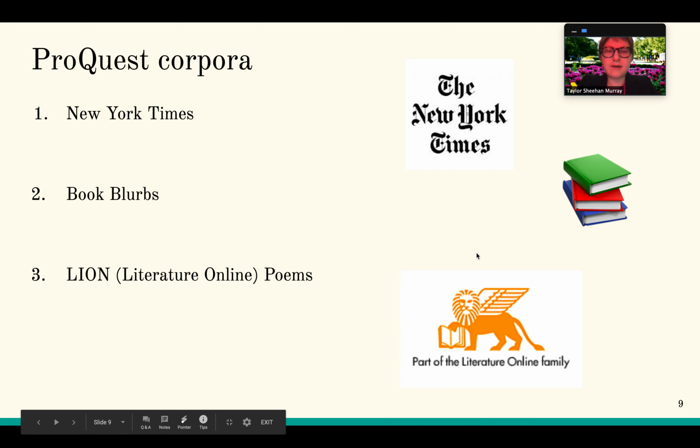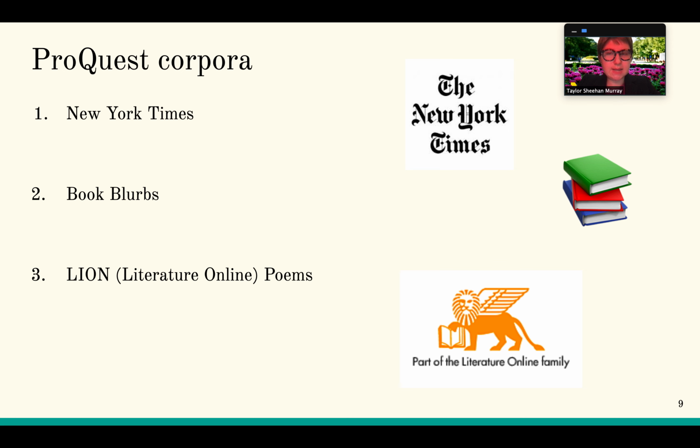Okay, so we have 3 ProQuest corpora given to us. We have New York Times, which is obituaries, op-eds, historical events, wedding announcements, lots of New York Times data, and that spans from 1960 to 2000. We also have book blurbs, which are just little sentences, parts of books.